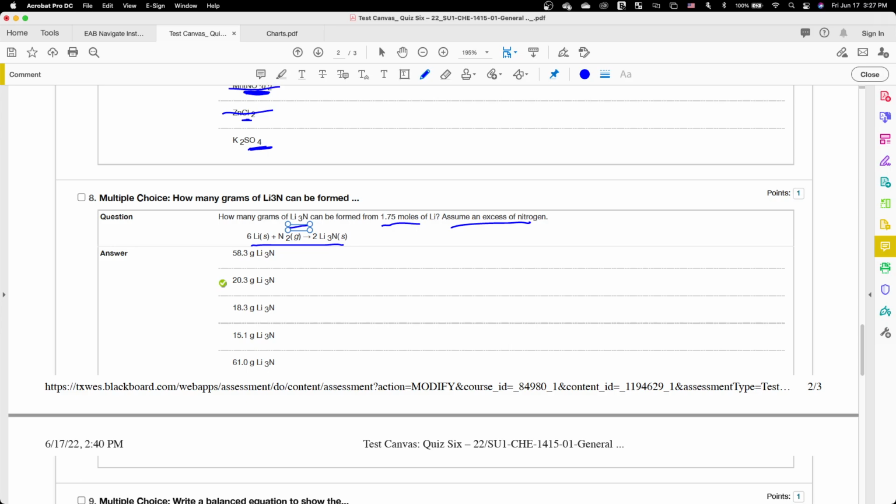I would start by saying we have 1.75 moles of lithium. Start up my stoichiometry or dimensional analysis. For every 1 mole of lithium, how many moles are there of lithium nitride? It's 2 moles.